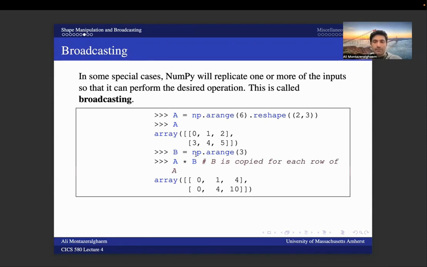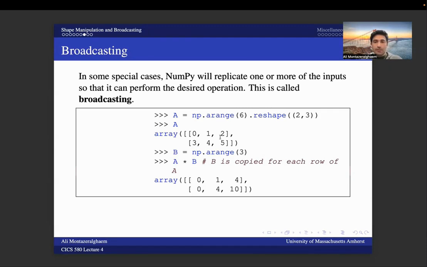So we have A, which has 2 rows and 3 columns, but B has 3 columns. So NumPy generates another row for B to make B have 2 rows and 3 columns, and then we have element-wise multiplication between them.